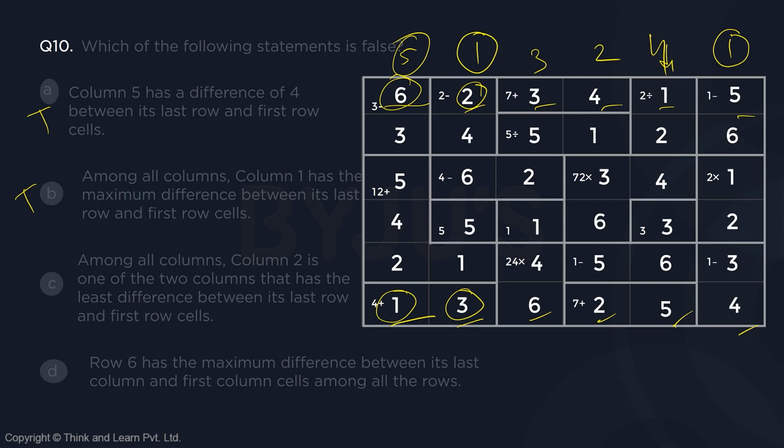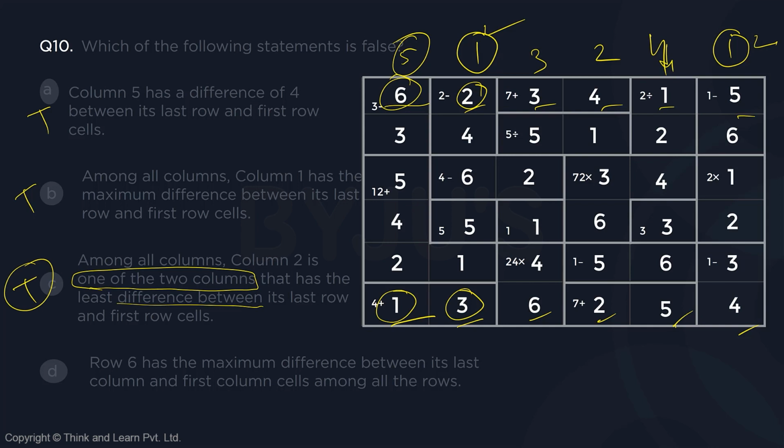So among all the columns, column 2 is one of the two columns that has the least difference. So we have two columns with the least difference. In that, column 2 is one of the two. So that is also true.